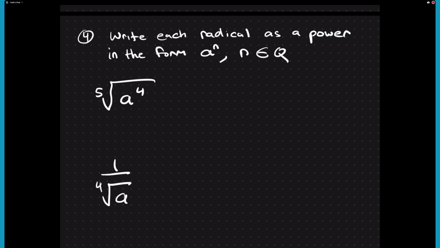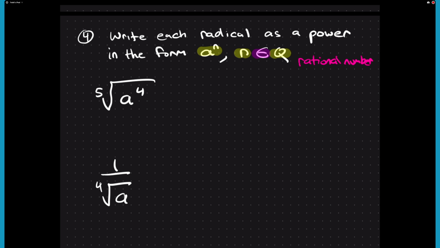All right, question number 4. Write each radical. So it's already a radical, and they want us to write it as a power in the form of a raised to the power of n, where n is an element of Q. So n is an element of Q. And what is Q? Well, Q is the rational numbers.